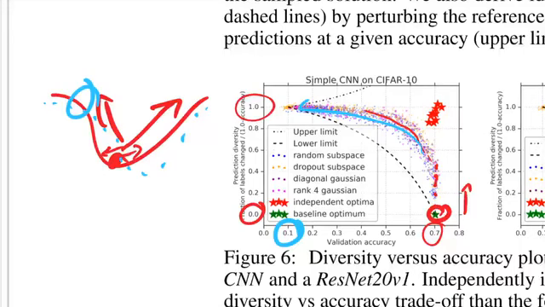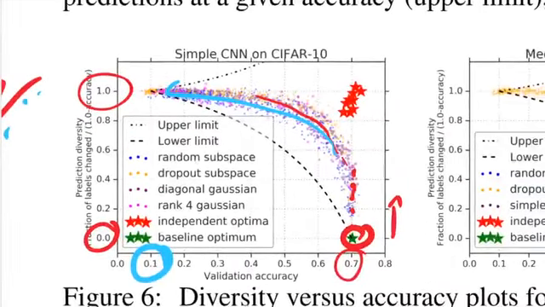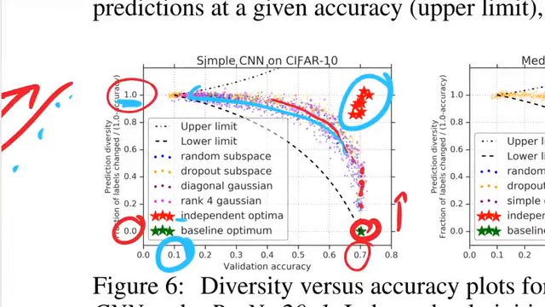That seems natural. However, you can see that these red stars right here, they seem to be also very different. They seem to not agree with the original baseline optimum, but they seem to be doing perfectly fine in terms of accuracy, be at the same accuracy. And those are the independent optima. Those are the optima from runs where we initialized at a different point and then also trained.